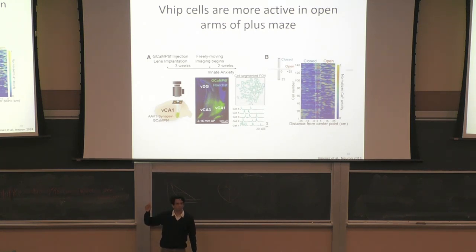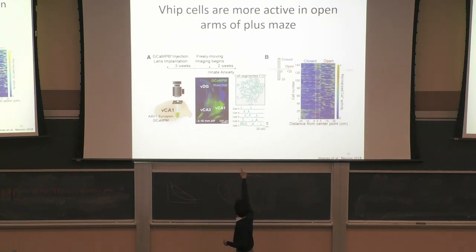Yes? Okay, so in case you don't remember, it's a method to look at the activity of single cells. You can make a movie of fluorescence, and the GCaMP becomes more or less fluorescent in cells that are more or less active. Then you can plot these traces over time, like this one here.